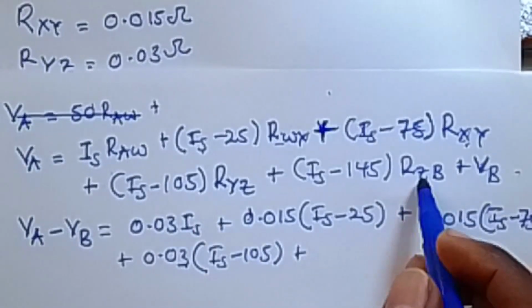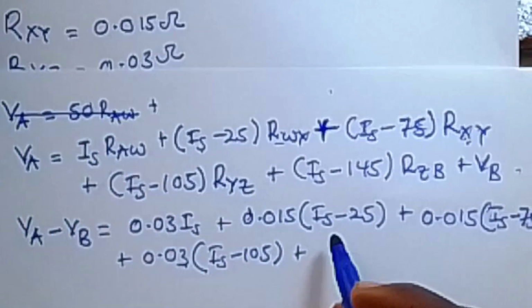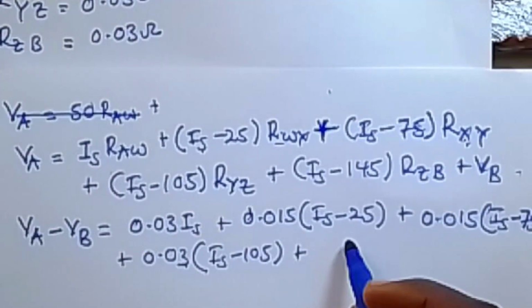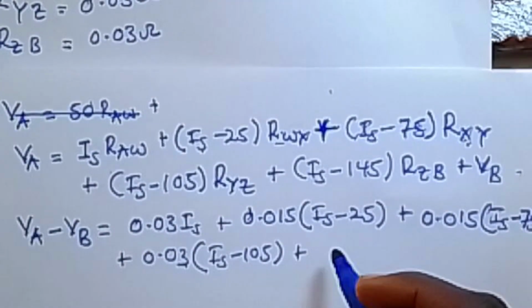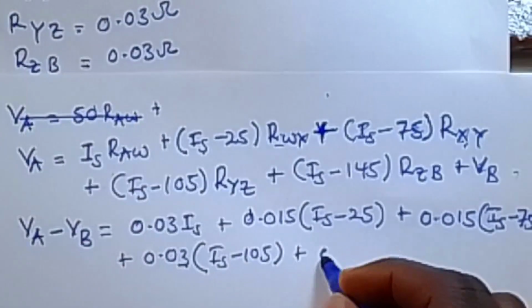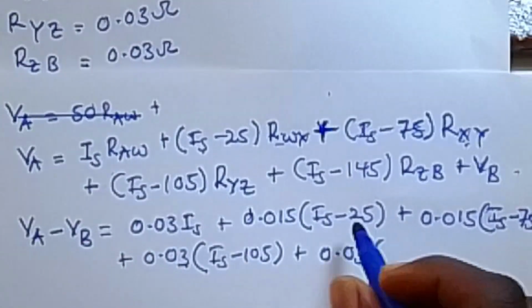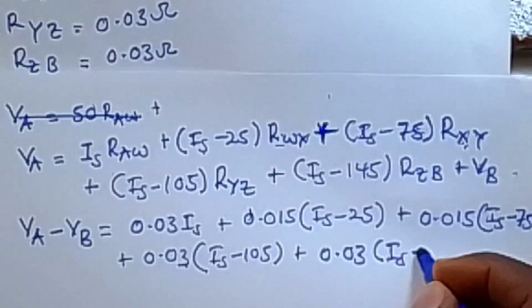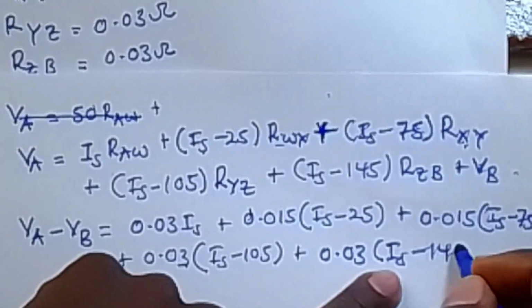Then plus also this one here, which is RZB. Our RZB was also 0.03. So we shall have our 0.03 times the value of IS minus 145.